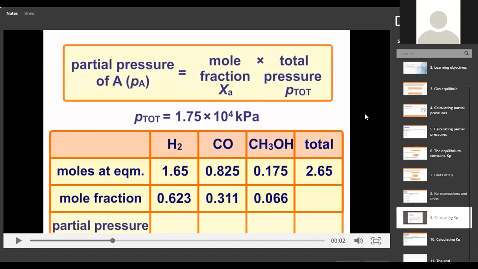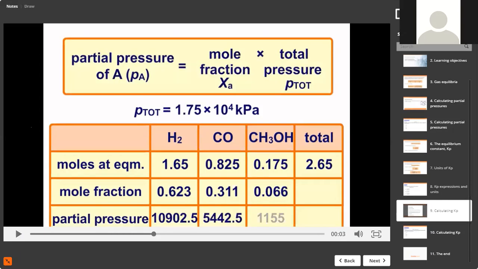So if we want to calculate the partial pressure of hydrogen, we're literally just going to take 0.623, multiply that by 1.75 times 10 to the power 4, and that will give us 10,902.5.